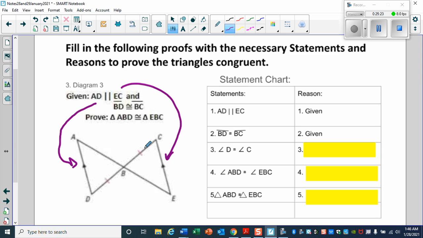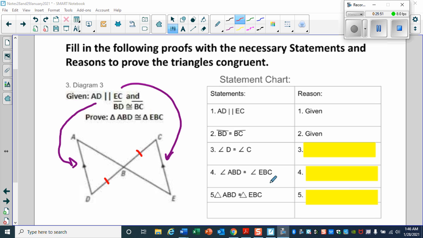So now we also have this line segment BD is congruent to BC. So now we need to prove ABD and EBC, those two triangles, are congruent.